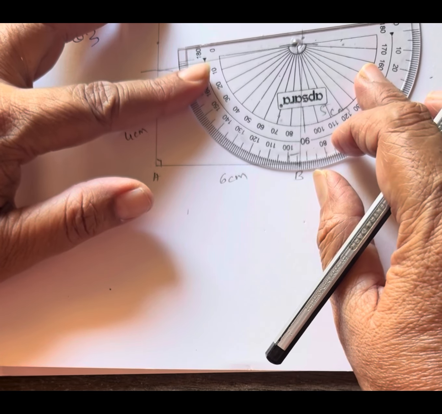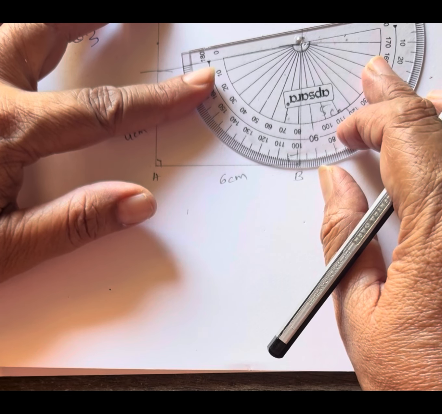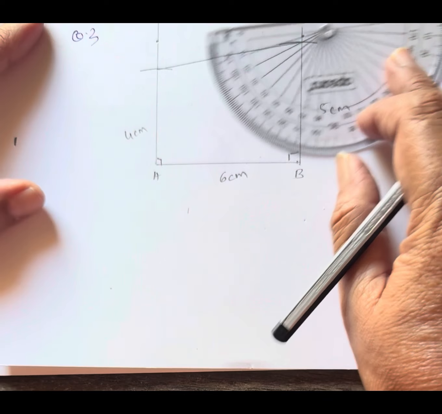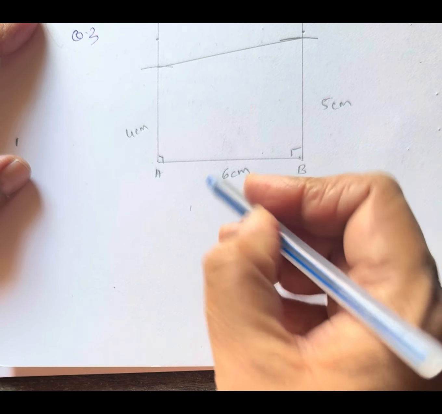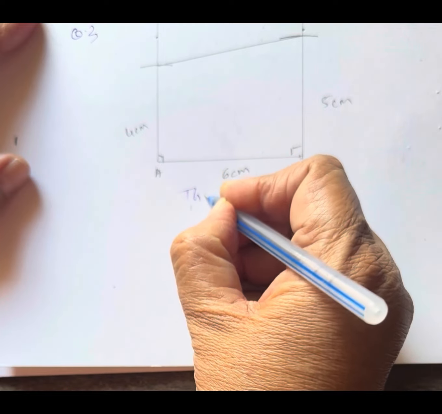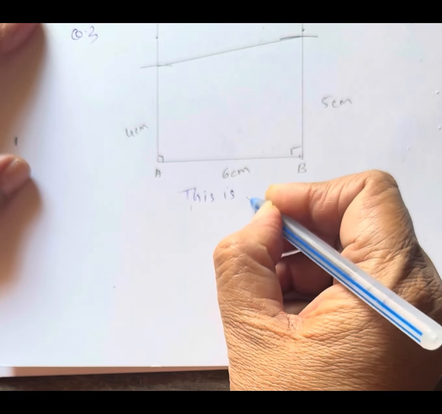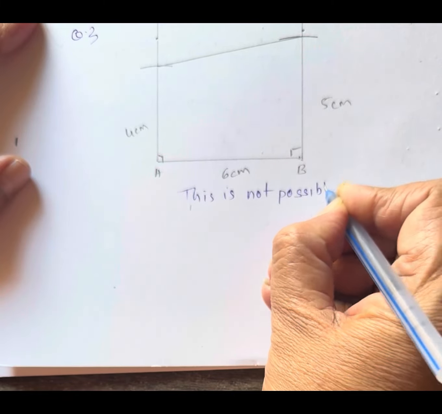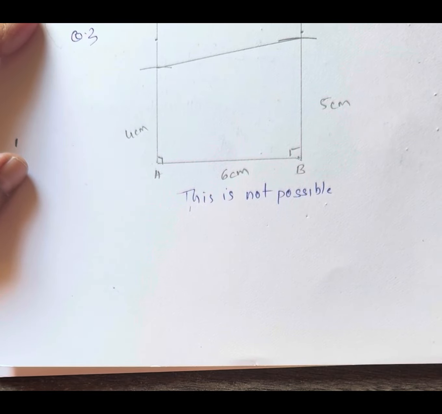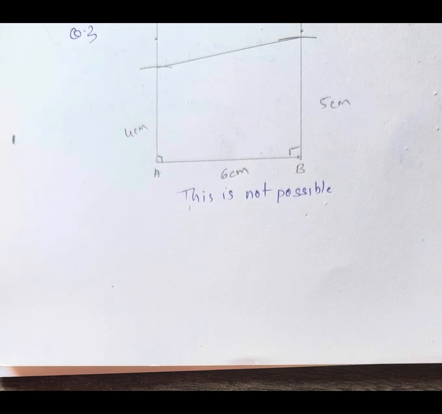And in this case, this is less than 90. Right? So this is not possible. What is not possible? That all angles are 90 degree, but opposite sides are not equal. So we cannot form such a rectangle.